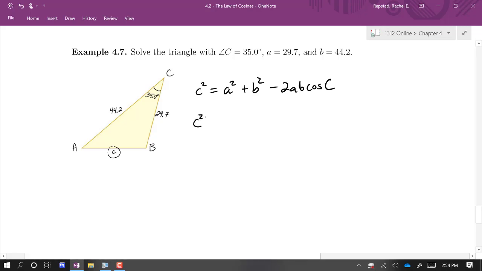So I'll plug those in, and then we'll take a square root. 29.7 squared plus 44.2 squared minus 2 times 29.7 times 44.2 times cosine of 35 degrees.